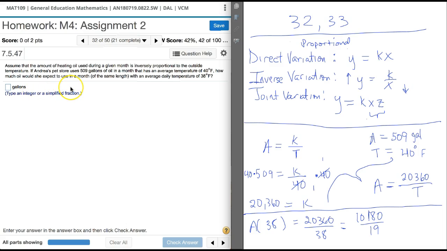Okay. So if you were to put the 20,360 divided by 38 into your calculator, you would get like 535.7894737. Okay. So, and I'll go ahead and write that.